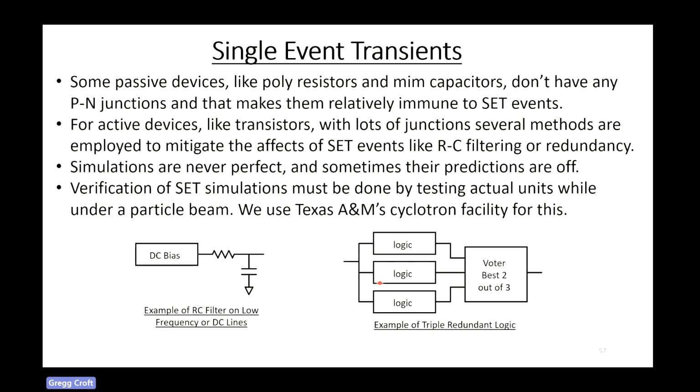Another way is we use redundant logic. If you have three identical sets of logic here, and they all go into a voter, and one of these gets hit and produces the wrong 1 or 0, well, as long as the other two are okay, the voter still produces the correct value. These two methods are very commonly used as ways of mitigating the effects of SETs on a circuit.